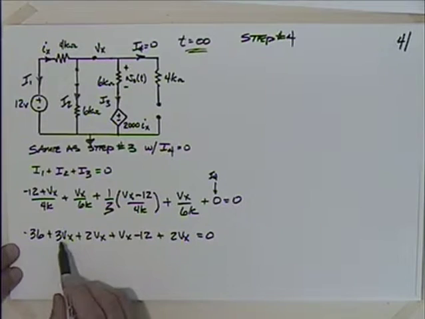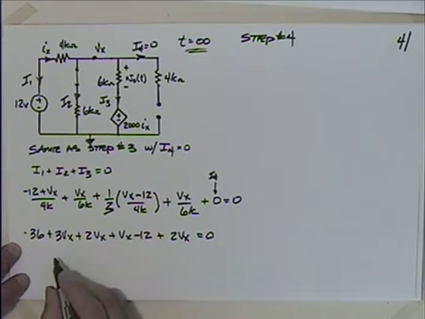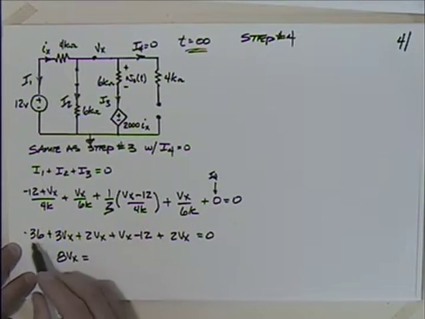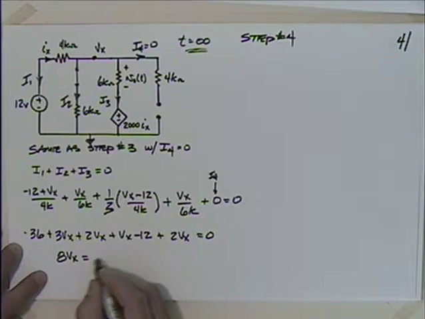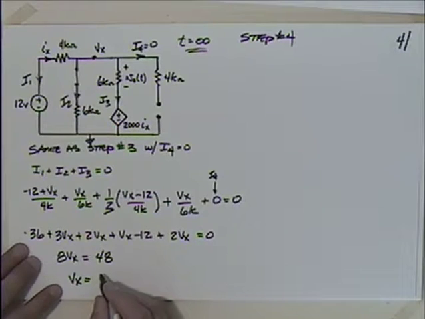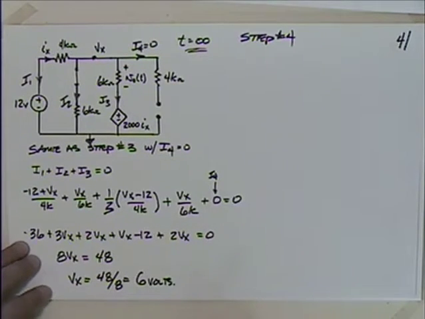So what do I have here? 3, 5, 6, 8. 8Vx is equal to, this goes over, minus 36 minus 48, so I have 48. So Vx is equal to 48 over 8, which is equal to 6 volts.